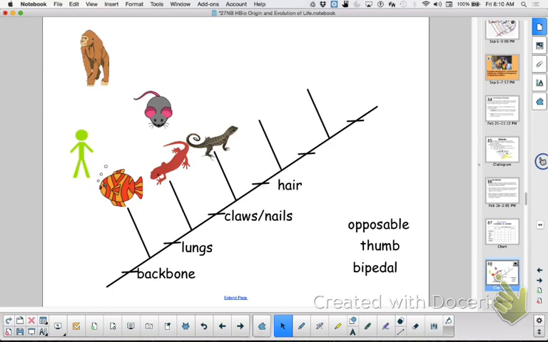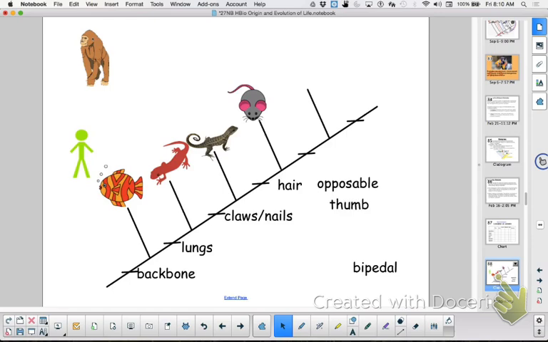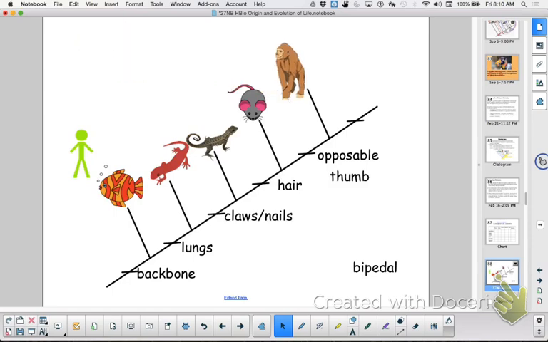Then what are you going to go with? Mouse? Opposable thumb? And then what are you going to put? Bipedal. Is this how you did it?